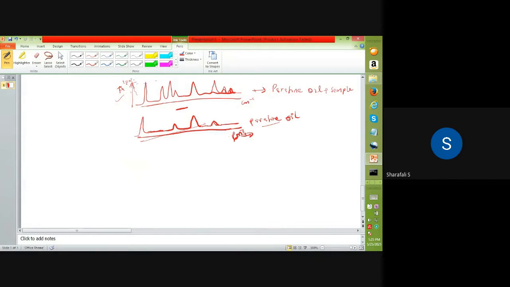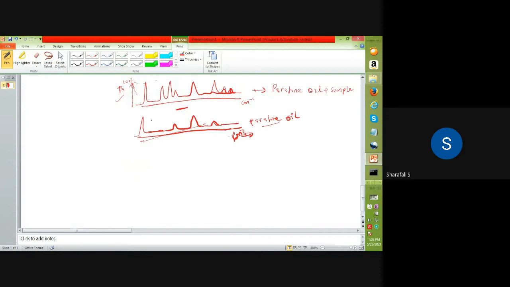So the computer will be normalizing. For example, for 100% it will take the value 1, and correspondingly for other intensities it will take values 0.9, 0.8, etc. So different values will be stored corresponding to the intensity at different wave number positions, and that is plotted as your spectral line in terms of percentage.